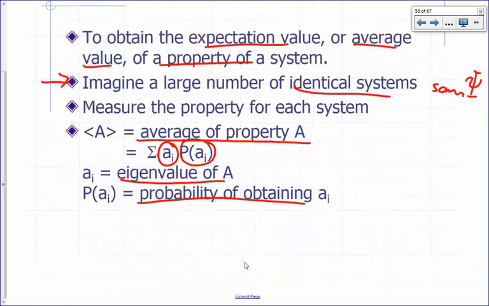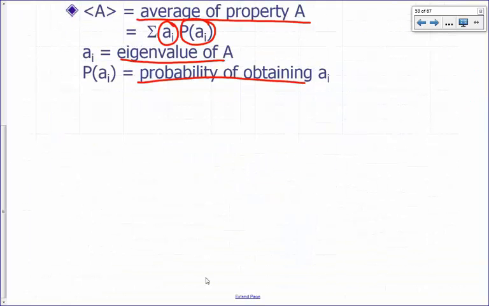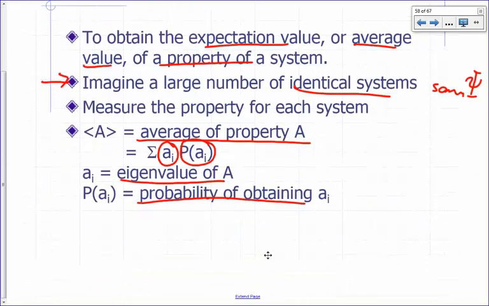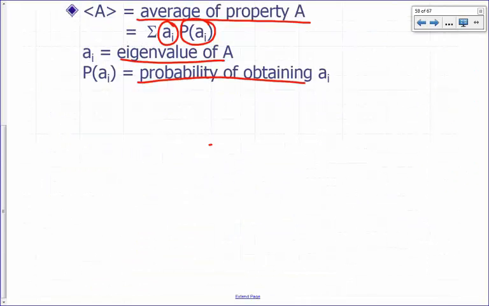Let me see if we can relate that to something more familiar to you, like calculating an average. Let's say this is representative of the outcomes. You measured several times and got 2, 2, 3, 3, 3.